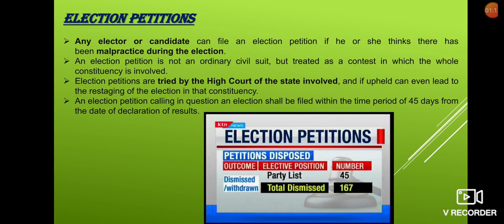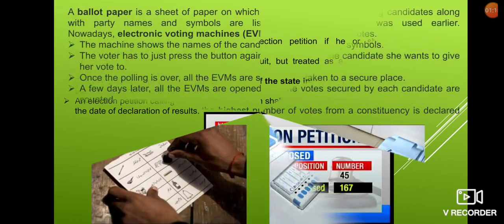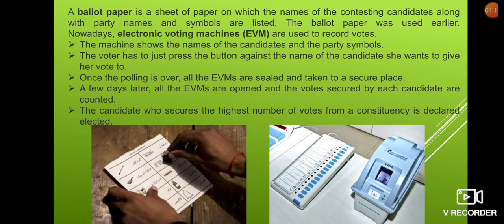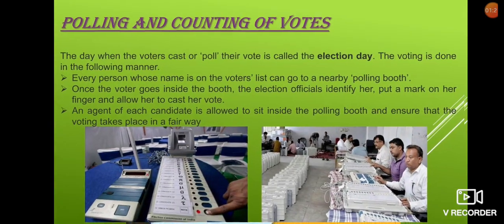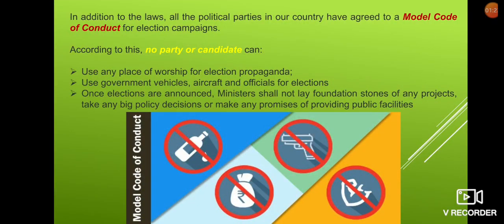So now let us start with the explanation of all these election processes which I have told you right now.